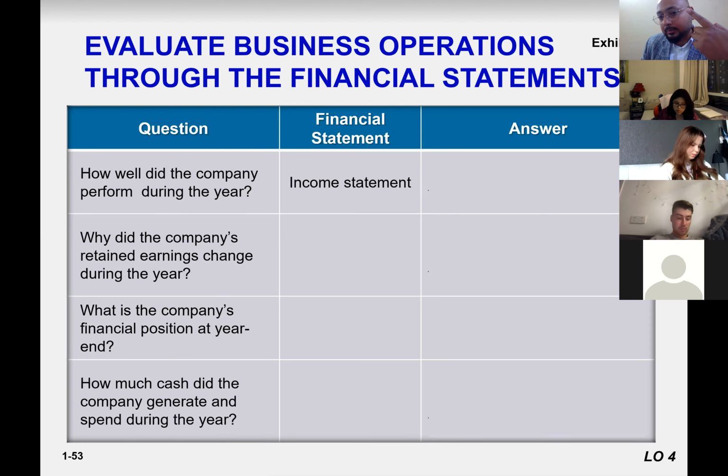Number 1, income statement. Number 2, retained earnings. Number 3, balance sheet. Number 4, cash flow statement. All 4 statements are going to tell you different aspects of the business.